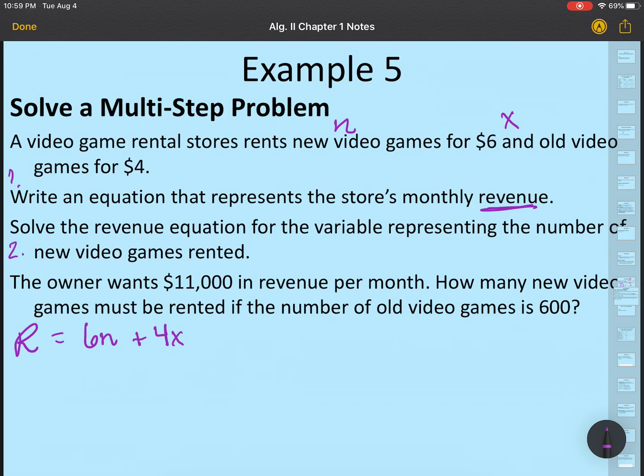The second part wants to know, okay, solve the revenue equation for the variable representing the number of new video games. We called that N, if you remember. So I'm solving this revenue equation for N. Well, I got to get rid of that 4x again. My revenue and negative 4x, they don't have anything in common. They're not like terms. So I'm just going to leave them alone.